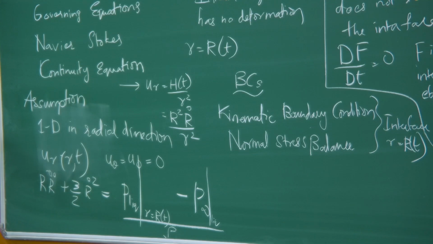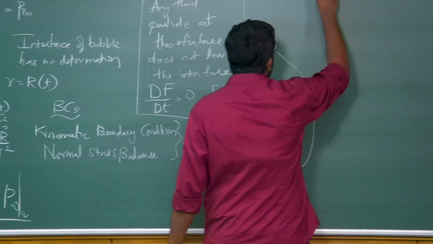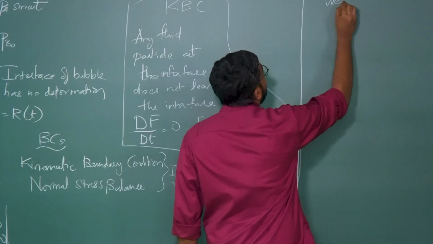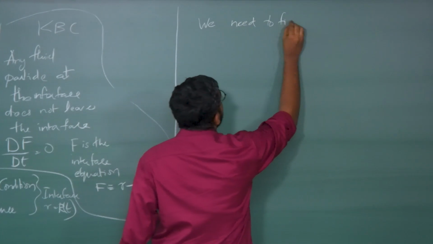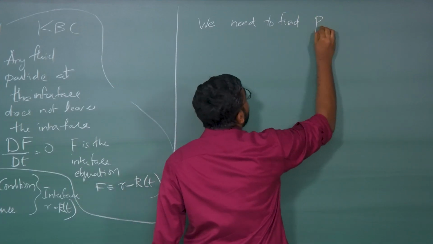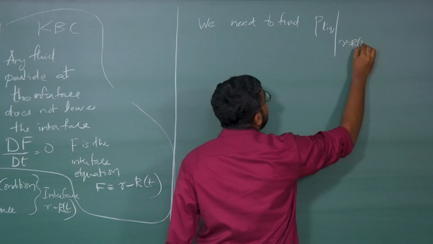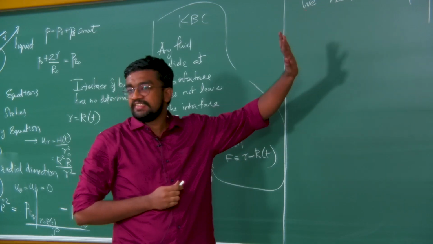Is it clear? Okay. So now in this class, we do not know the liquid pressure at any given time. We need to find P liquid at r equal to capital R of t. So we need to find the liquid pressure close to the interface.